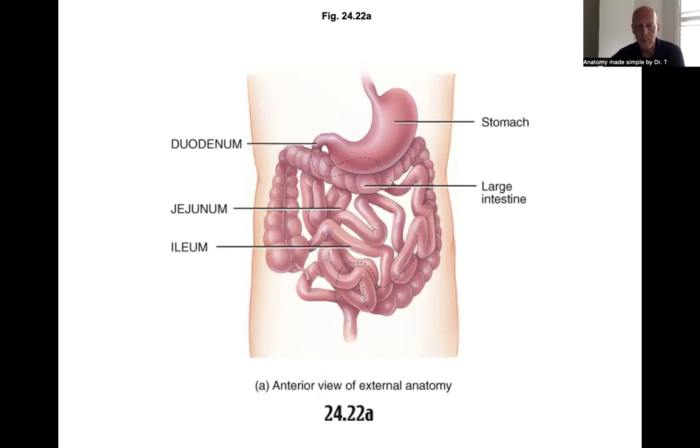Duodenum means 12 widths of our thumb, so it's the shortest section of the small intestine, about 20 to 25 centimeters long in total. Interestingly enough, it is retroperitoneal, as opposed to other parts of the small intestine that are intraperitoneal and suspended by mesentery from the posterior abdominal wall.